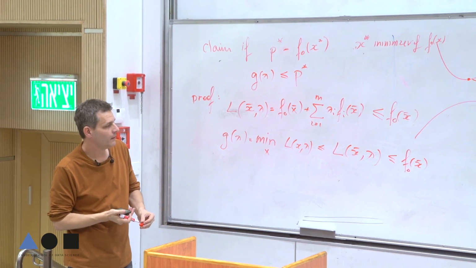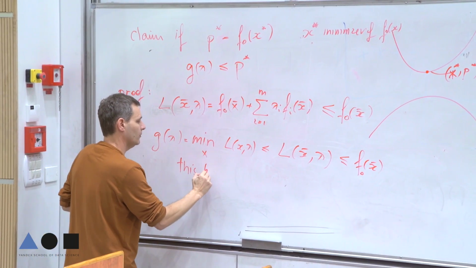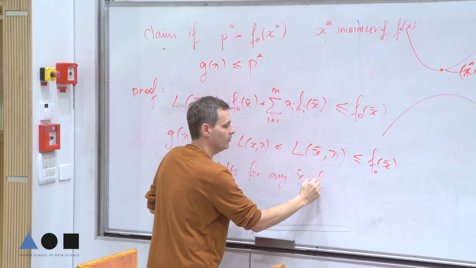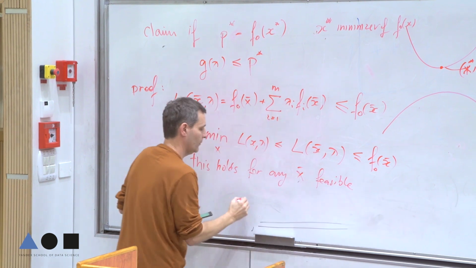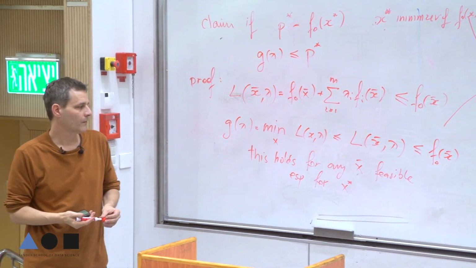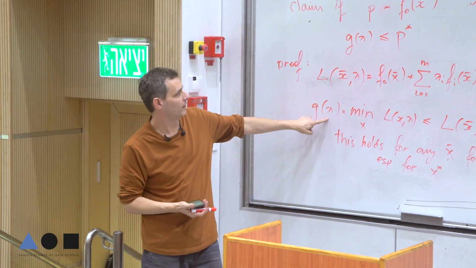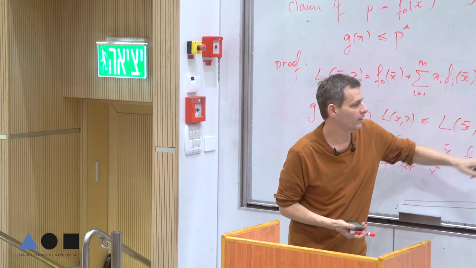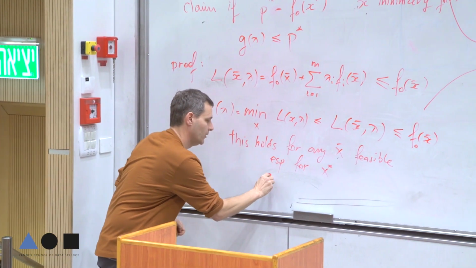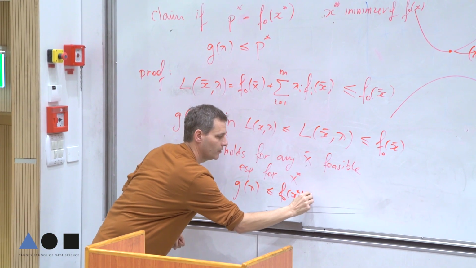Now, this holds for any x bar which is feasible, especially for x star. So if you just plug in x star here, you get that g of lambda is also smaller than f0 of x star, which is p star.